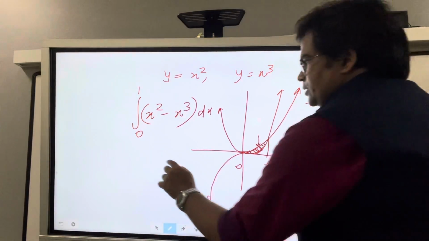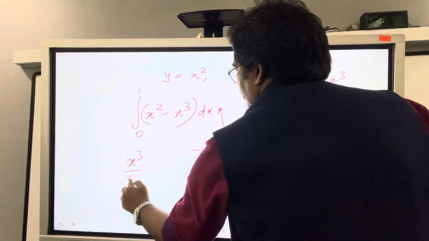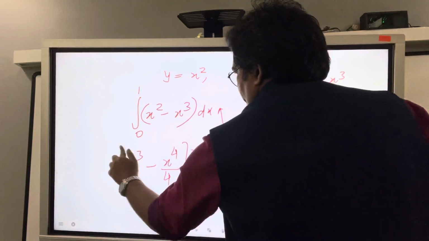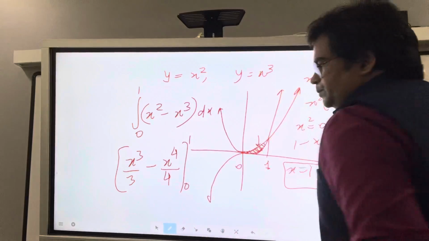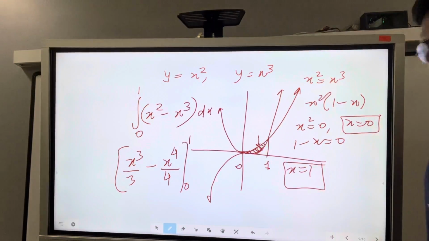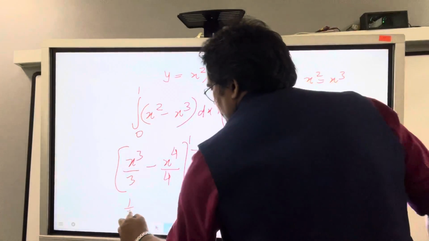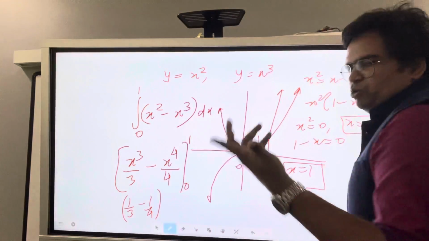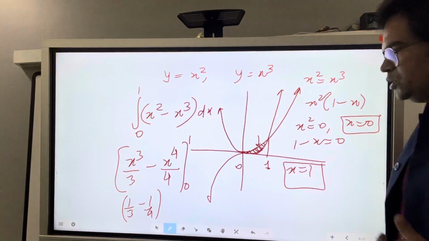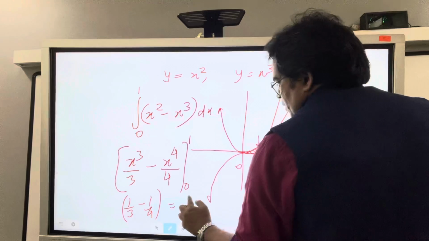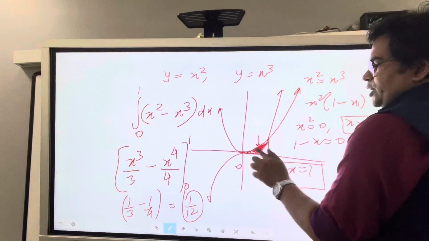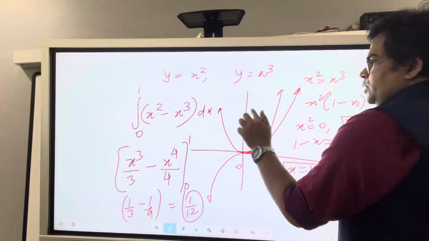What we get is x cubed over 3 minus x to the power 4 over 4 from 0 to 1. Now I plug in x as 1 here, so you get 1/3 minus 1/4. And if you plug in 0, both the answers are anyway 0. So you get nothing but 1 over 12. So this area that we got is actually 1 over 12.